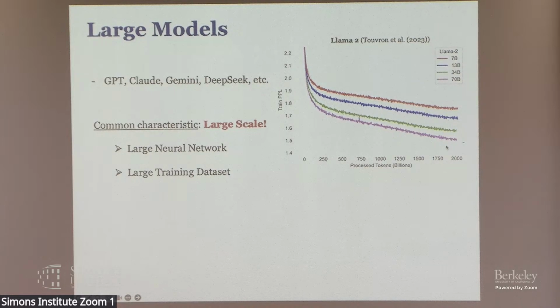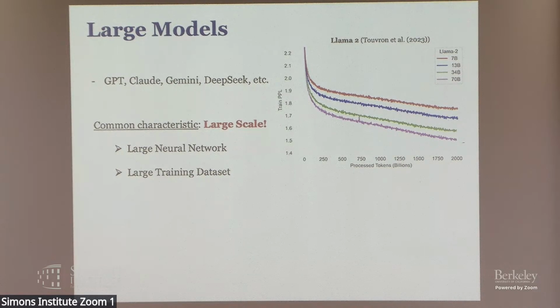You can see that with scale, the train perplexity, which is a measure of how good the model is, gets smaller, and smaller is better. With scale, both in data and parameter size, the model seems to improve. So scale is really important. It's probably the most important component in state-of-the-art models.